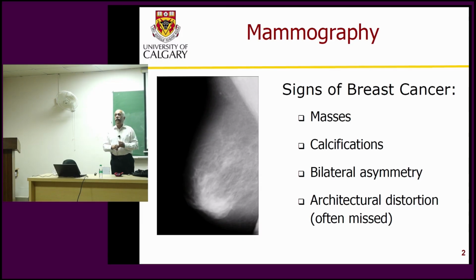Previously, the recall rate was more than 1 in 10. 10% of the cases would be sent for additional tests. Because mammography images like this were blurry and fuzzy, and diagnosis was not always completely accurate. So when there is doubt, the person would be sent for additional tests, biopsy and so on.